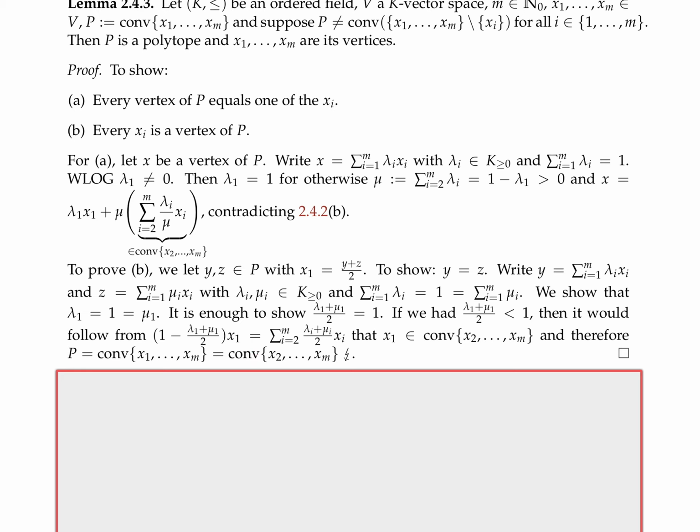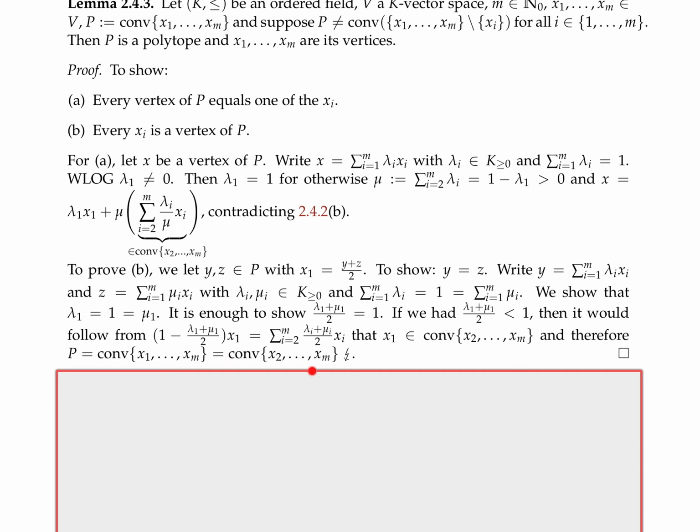One inclusion is clear, that this is always contained in this, but the other inclusion would now also follow, because that's the smallest convex set containing every xi.